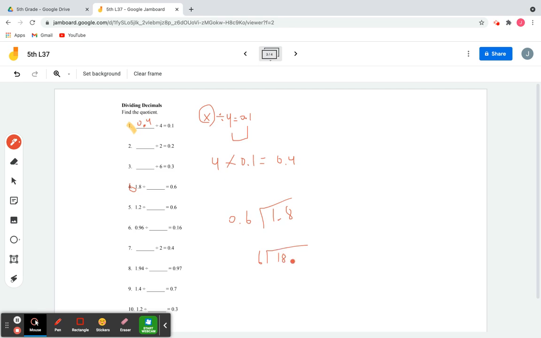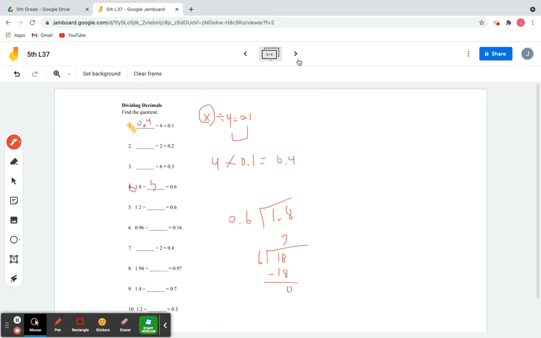If we move the decimal point for the divisor, we have to do the same thing to the dividend. So that's why it is like 18 divided by 6. So 6 goes into 18, and then we get 3 here, we subtract, then we get 0. So the final answer for number 4 is going to be 3.